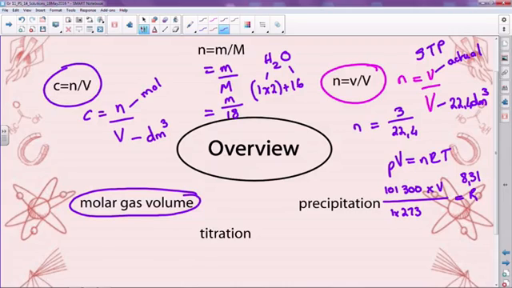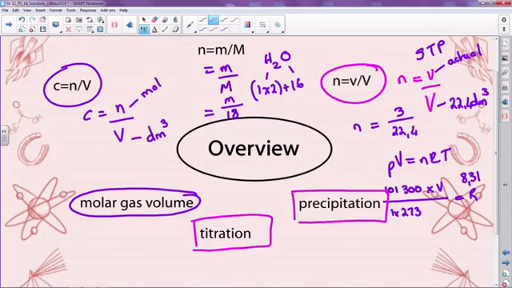And at the bottom of the screen, you will see that I've got the word titration, and you'll see that I've got the word precipitation. Now I've put those two words in just so that we can have them in our minds. We're aware of them because those are two places where we can use this concentration calculation.